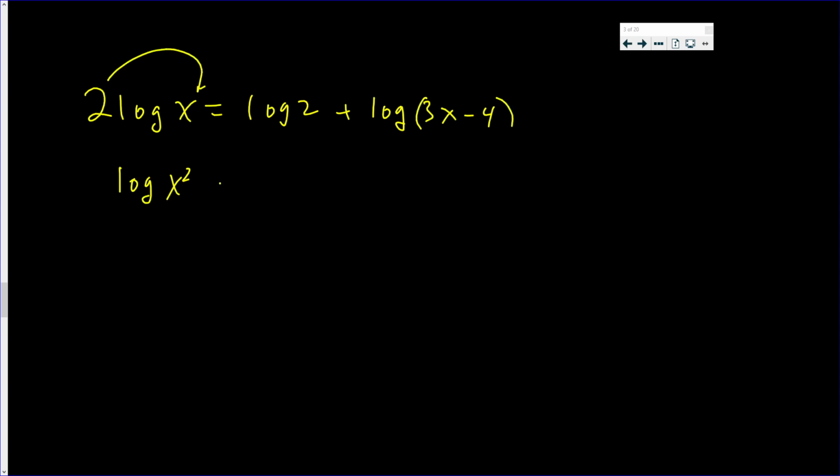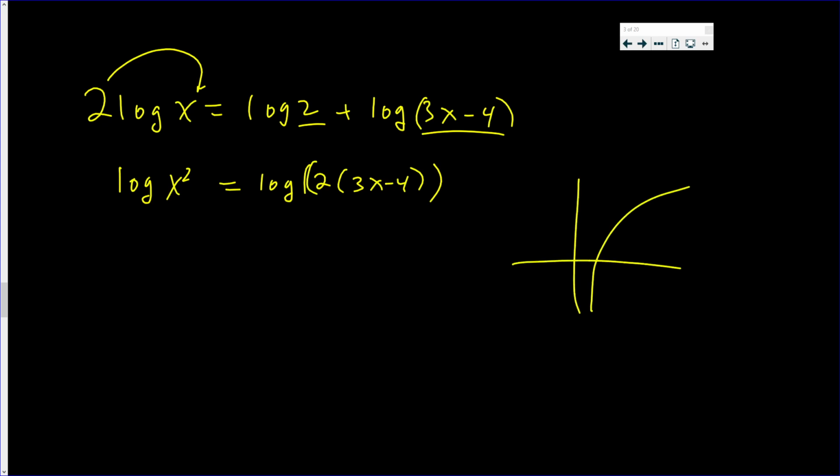And the right side is log of 2 times 3x minus 4. Log a plus log b is log ab. Now log is a one-to-one function. That is, the only way you can hit that value is by taking log of that number. The only way you can hit that value is by taking log of this.